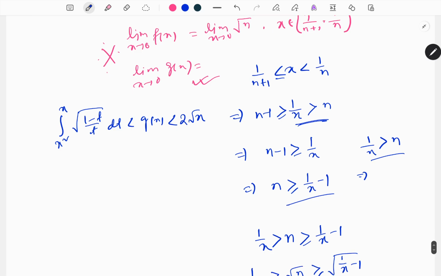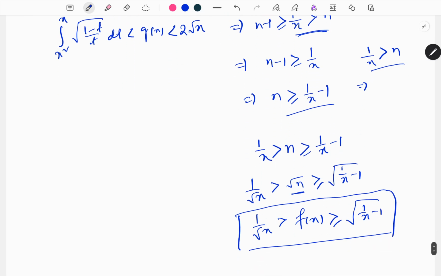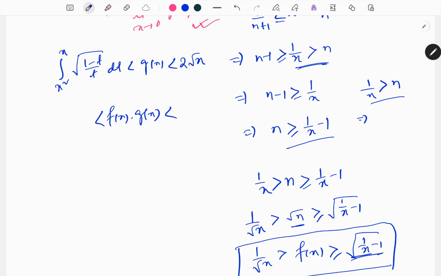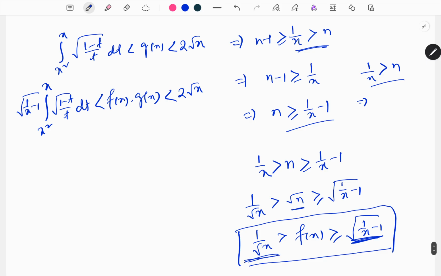Now we will multiply f(x) into this inequality. So this is f(x) and g(x). This √(1/x − 1) will multiply here with the integral from x² to x of √((1−t)/t) dt, and here with 2√x we will multiply 1/√x, for f(x) it is 1/√x.